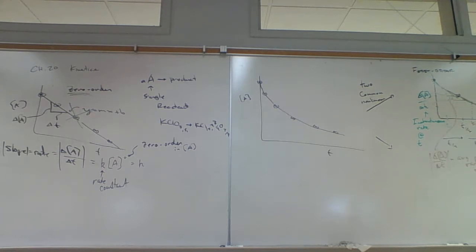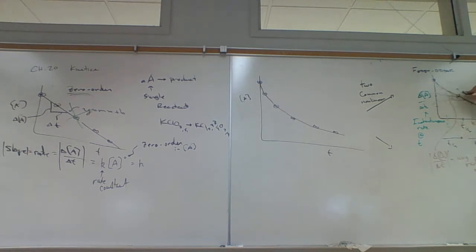And so delta t is t final minus t initial. It's the time interval. It comes out linear, so this would be a straight line here. So this is the third way. There are three ways to determine if it's first order. One is looking at the half-life constant. Two is looking at the instantaneous slopes.